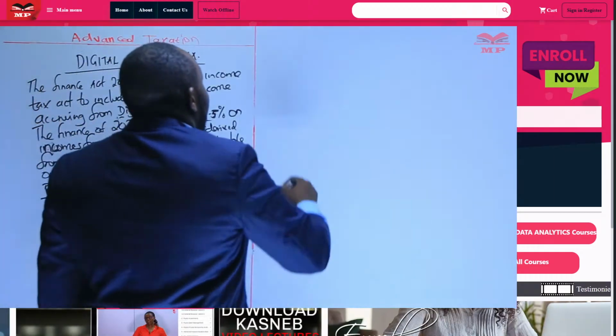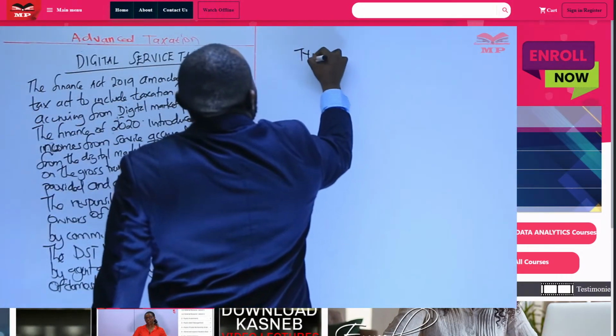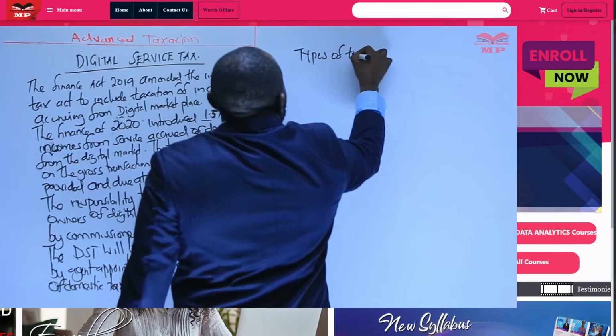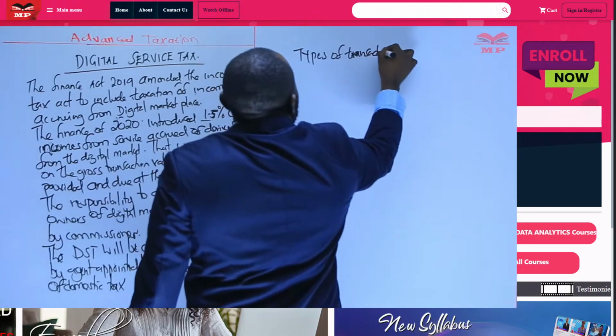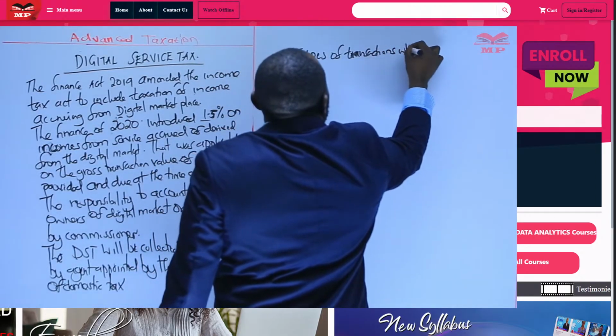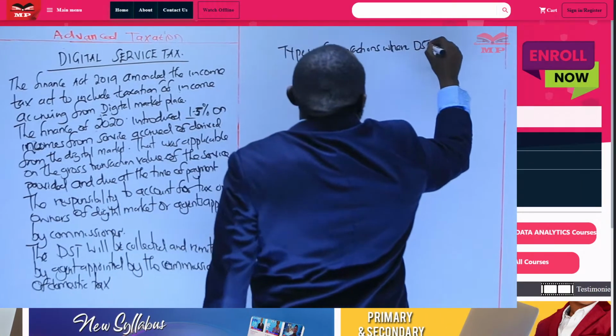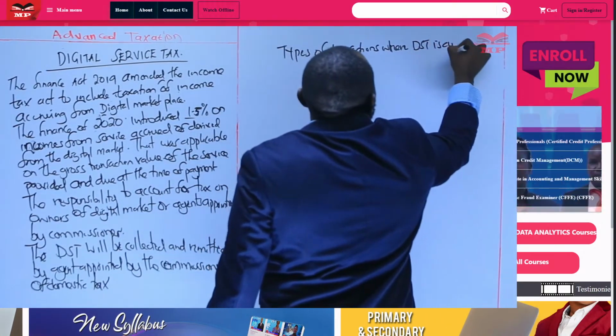Types of transactions where DST, the digital service tax, is applicable.